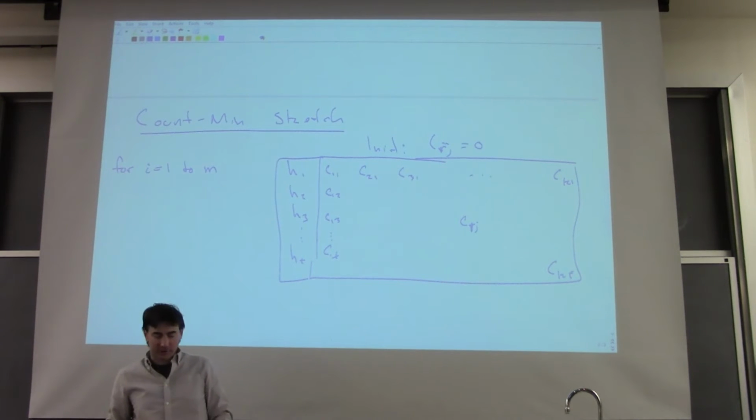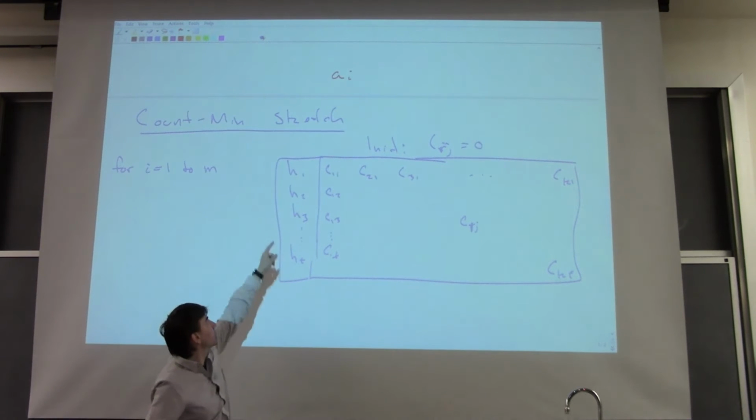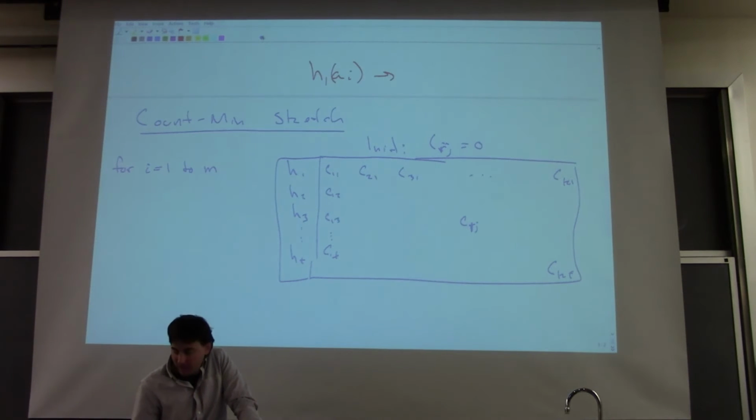Good. If I have an element a_i that comes in here, I'm going to push it into the hash function h1. So h1 of a_i is going to map to some value j that goes from 1 to k.